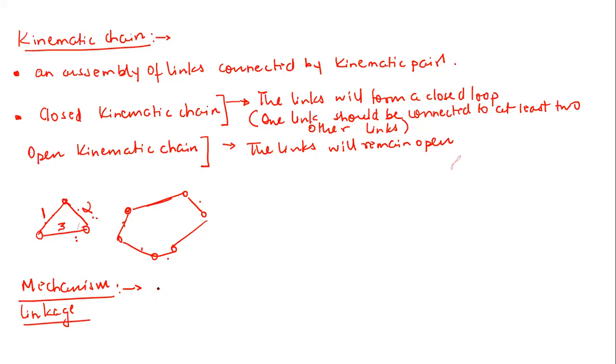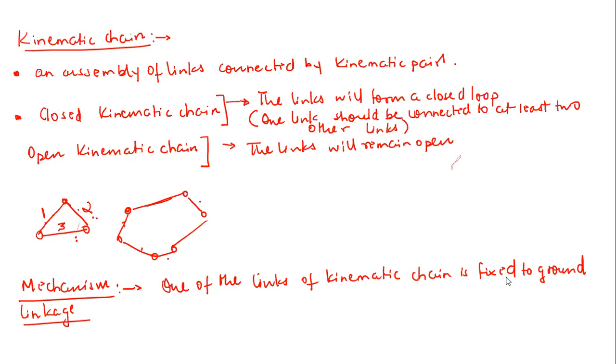So now if one of the links of a kinematic chain is fixed to ground, or you can simply say that it is fixed, then that kinematic chain is referred to as a mechanism, provided, and this is very important, provided that the links possess definite relative motions.